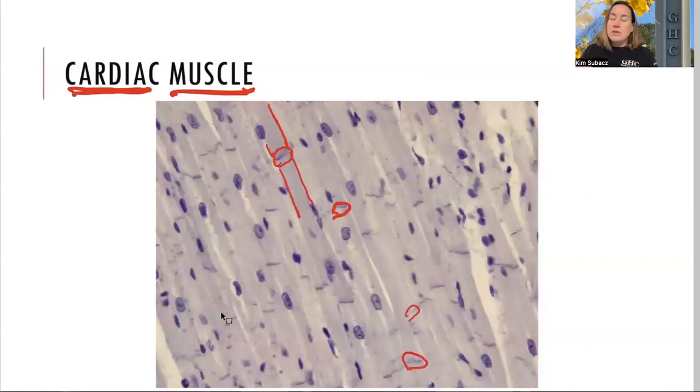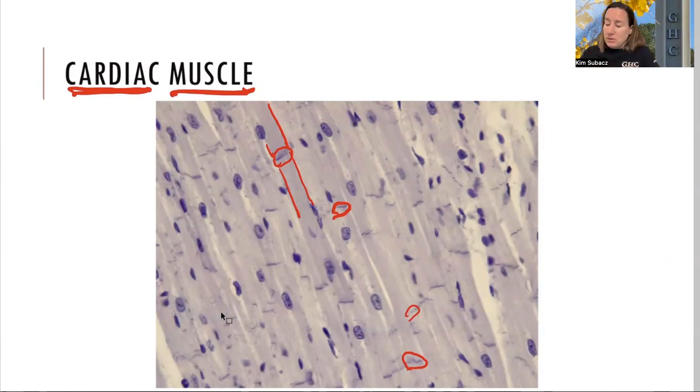Intercalated discs are super cool. They have little gap junctions where the two cells meet up at this intercalated disc, which is this dark area on the slide, and that is going to allow one cell to talk to the next cell. It's super cool. Cardiac muscle cells all talk to each other, and they all move as one functional unit. It's a functional syncytium. Super cool stuff.